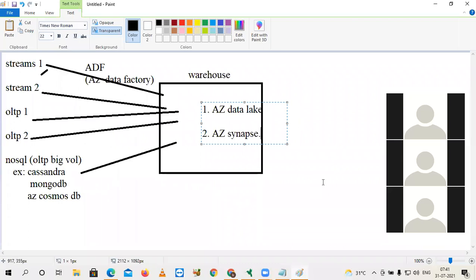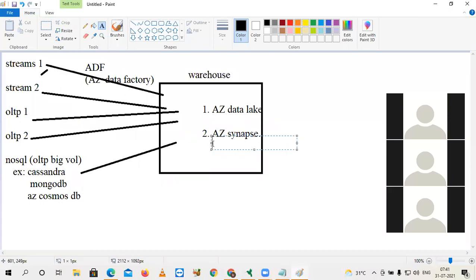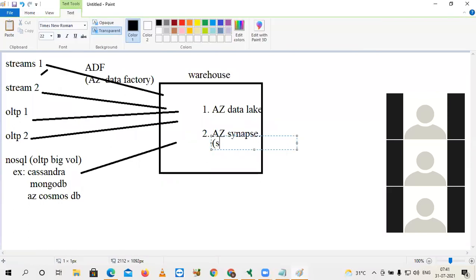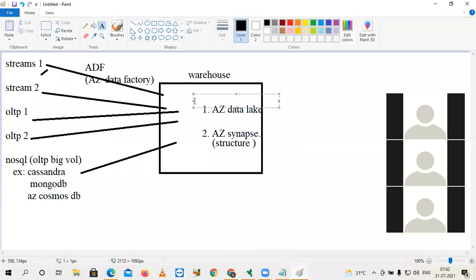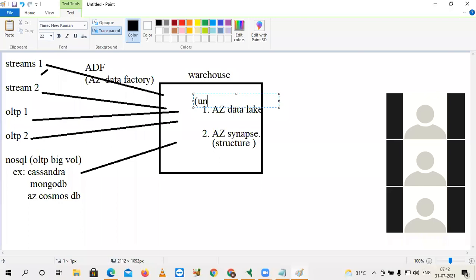Azure Synapse will support only structured data, because it is similar to a database. But Azure Data Lake will support structured, semi-structured and unstructured data, everything.